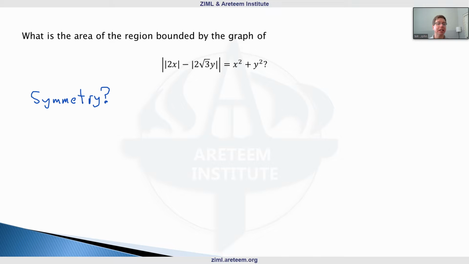And remember, we can check symmetry using the equation directly. If we think about replacing x by negative x, ask yourself, if I turn all of the x's into negative x's, well, one of the x's is in an absolute value. The absolute value of 2 times negative x is the same as 2x.